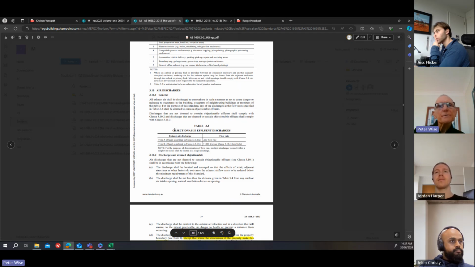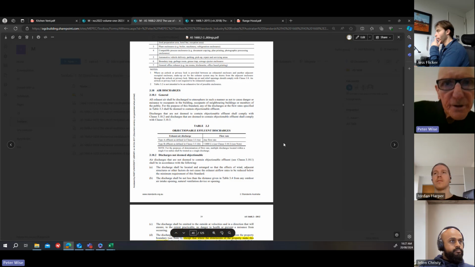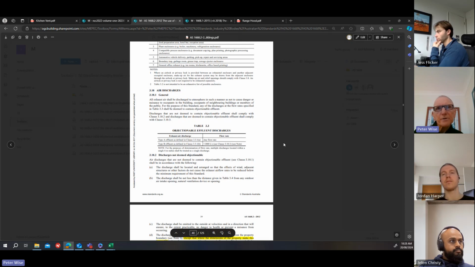So here this table says objectionable effluent discharges. Type B, greater than 1,000 litres per second. When you're doing a commercial kitchen, it'd be very rare to have a kitchen exhaust system less than 1,000 litres per second. So this is always probably going to apply.